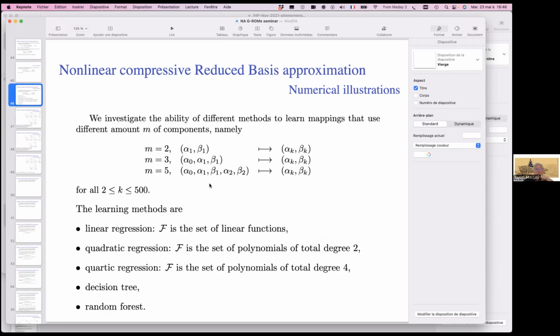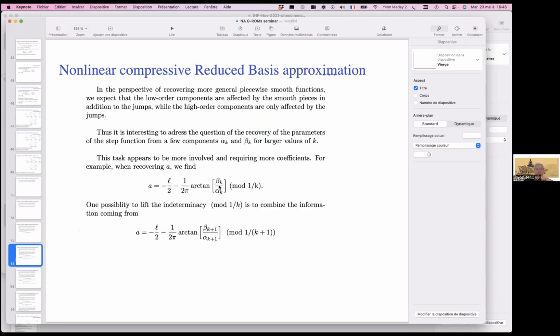We were also able to see that if we consider alpha 10, beta 10, alpha 11, beta 11, then the derivative of A with respect to these values is quite large.